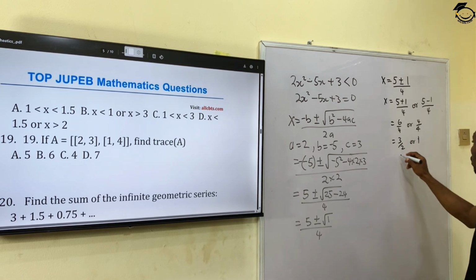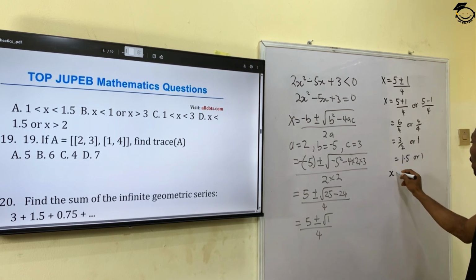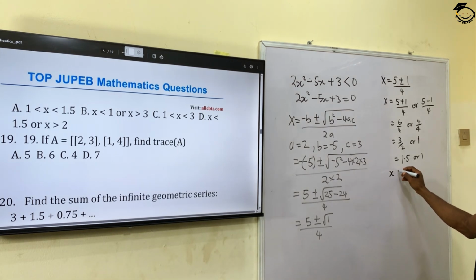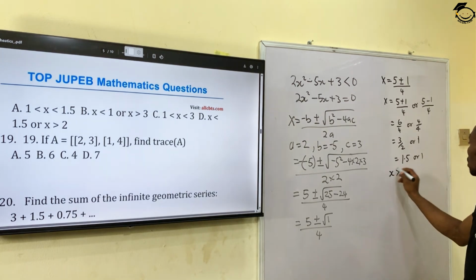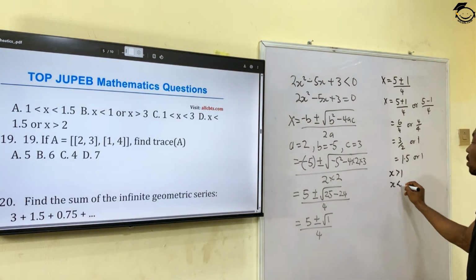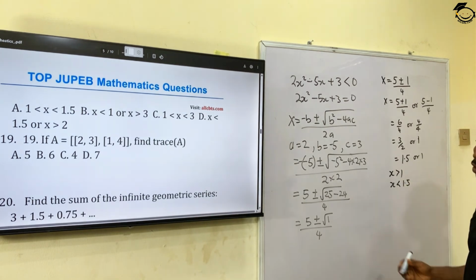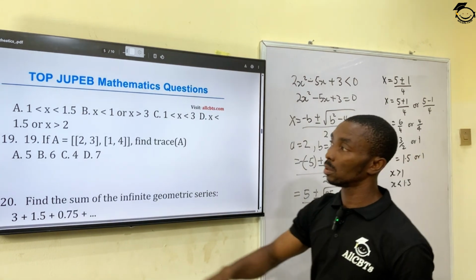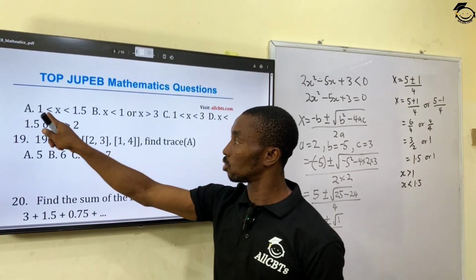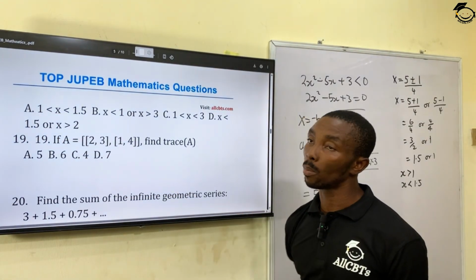And 3 over 2 is the same as 1.5, or 1. So our value of x will become x is greater than 1 and x is less than 1.5. Okay, so that would be our option A. X is greater than 1 and x is less than 1.5.